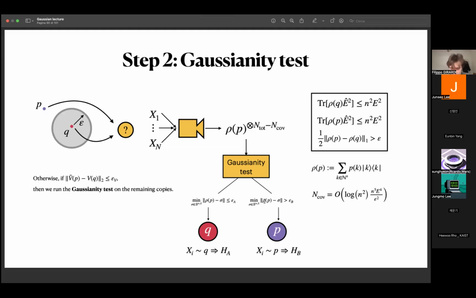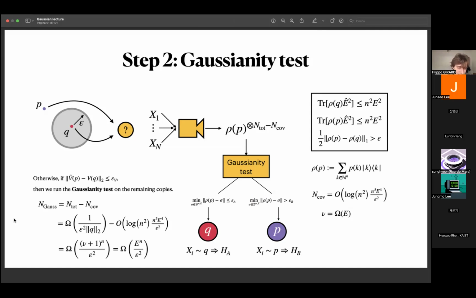But what about the case of having the random variables here distributed as a p which is at least epsilon far from q? Is it true that in this case the Gaussianity test will always say that the state rho p is at least epsilon b far from the set of Gaussian states? Because if this is the case, then we will always give the right answer, p.